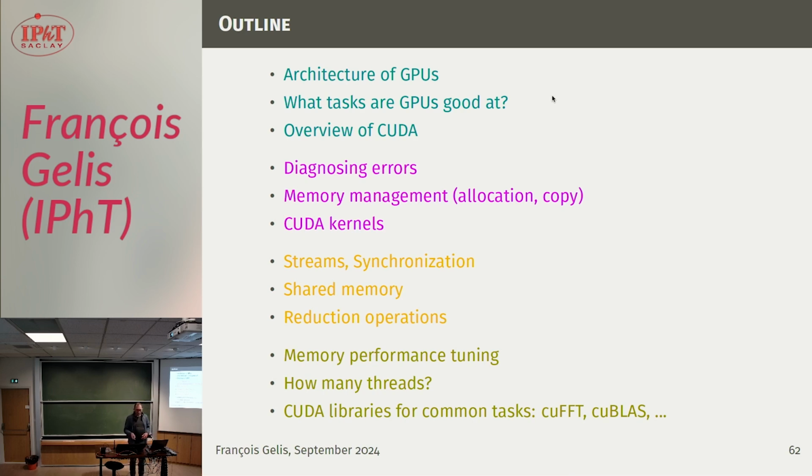So for this, you need the concept of streams. And then the second topic today will be shared memory. So how it's used, what is it, what's the purpose of using shared memory, and what's the syntax for using it.